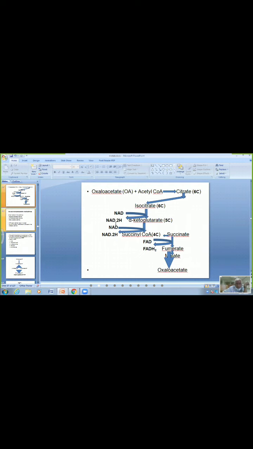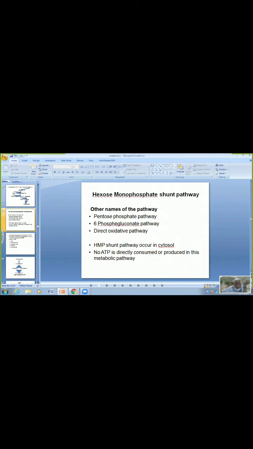Now come to the point, the hexose monophosphate shunt. What are the other names of the hexose monophosphate shunt pathway? Pentose phosphate pathway, 6-phosphogluconate pathway, and direct oxidative pathway.